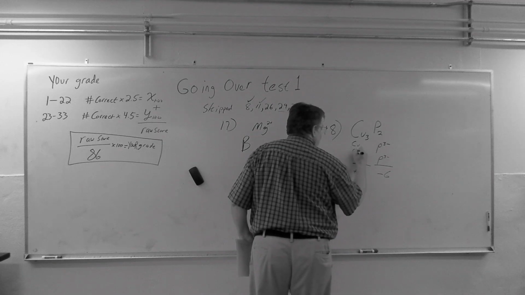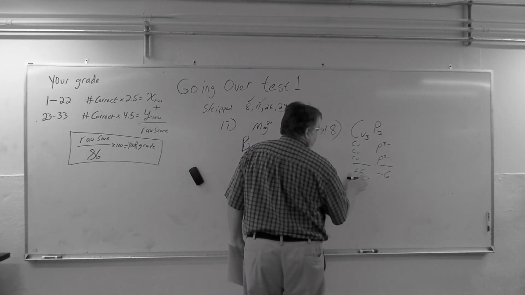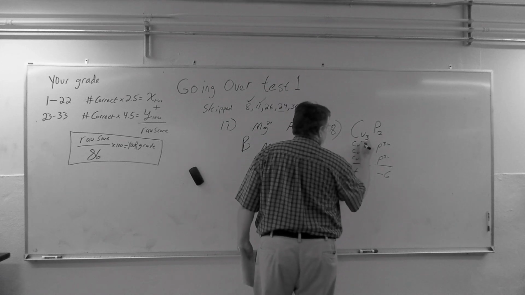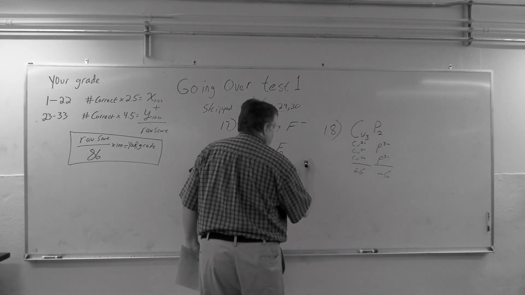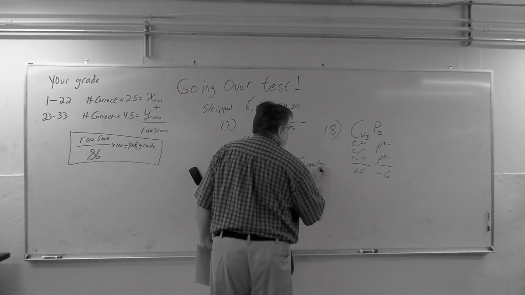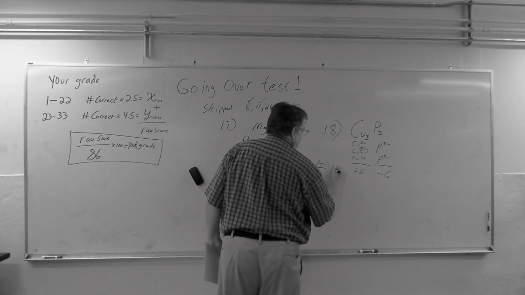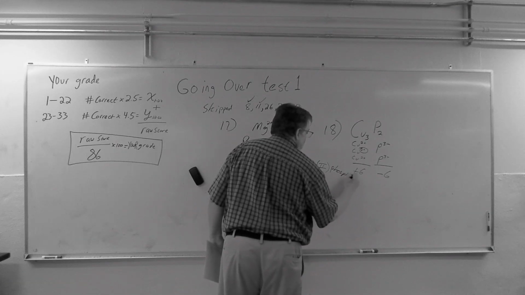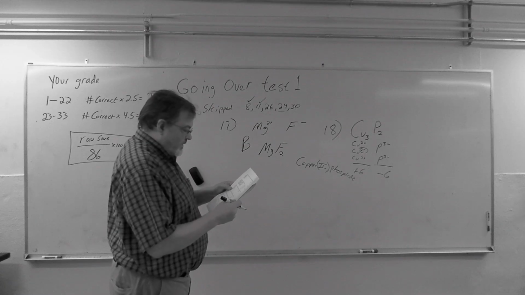And we've got 3 Cus, 3 coppers. How are you going to split a +6 among 3 things? You're going to go 2 plus, 2 plus, 2 plus. That means it's copper 2 because of the 2. Copper 2 phosphide.